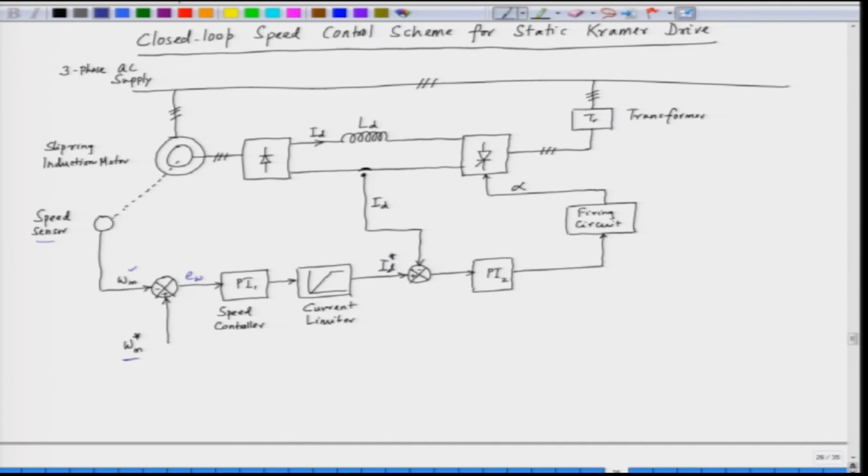The DC link current reference value is compared with the actual DC link current, and then the error is generated. Error is a current error that is fed to a PI controller, and this is the current controller.